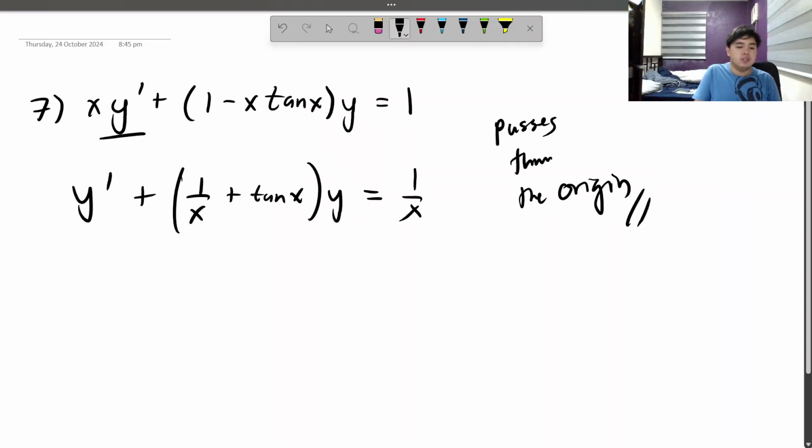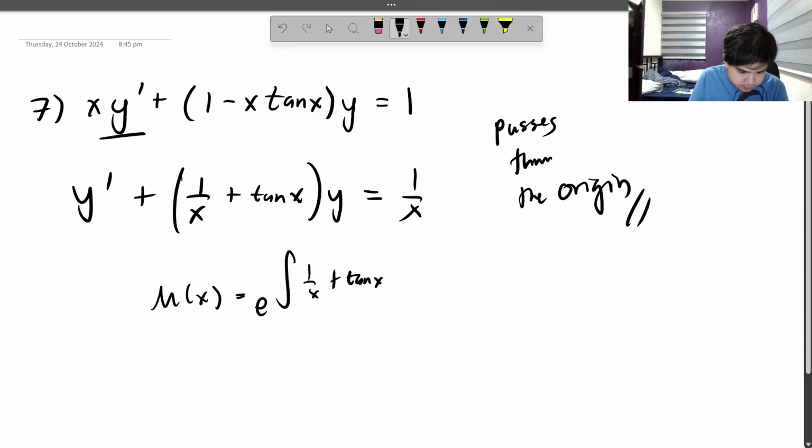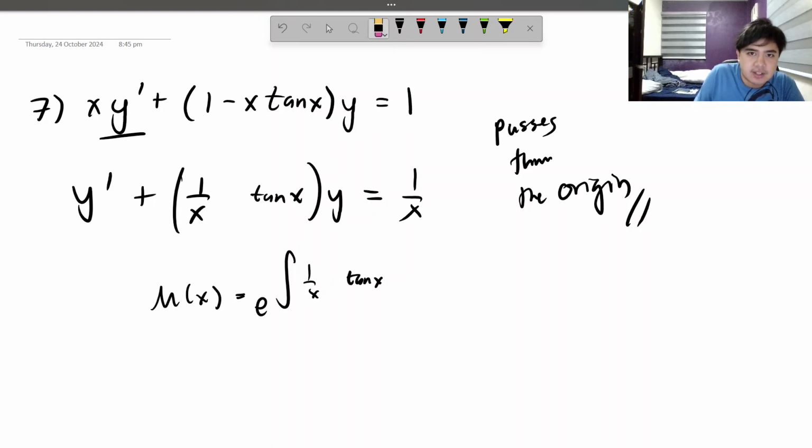Now, look at this. This is the p of x. So mu of x is e to the integral of 1 over x plus tangent x. Oh, sorry, minus tangent x.